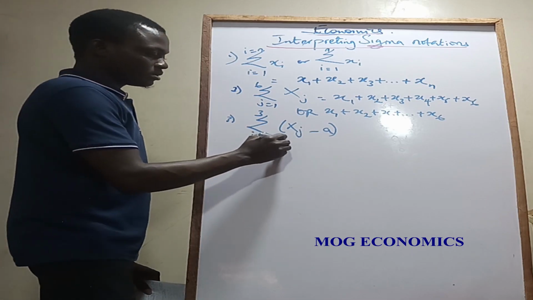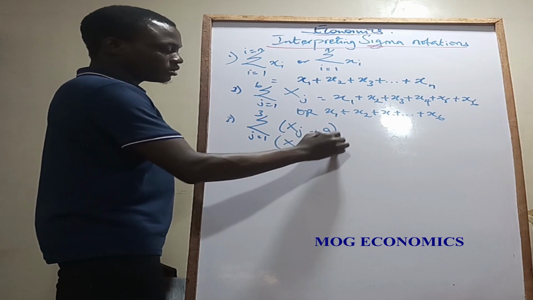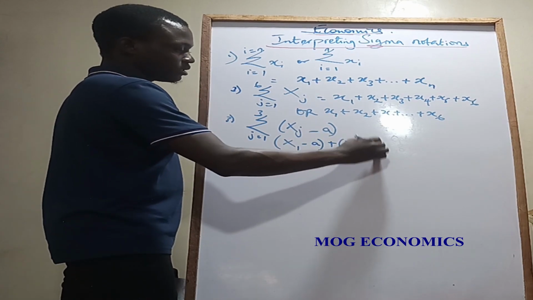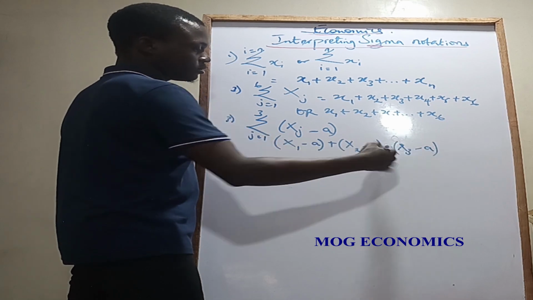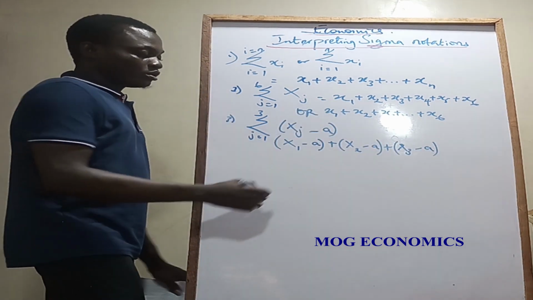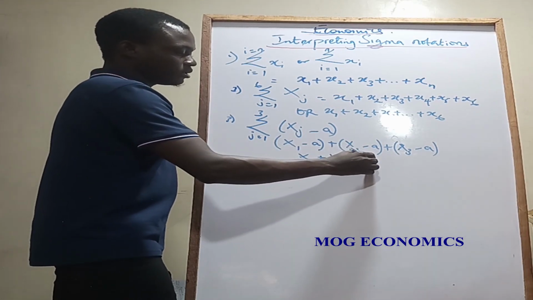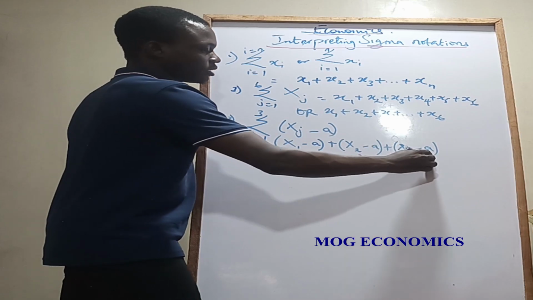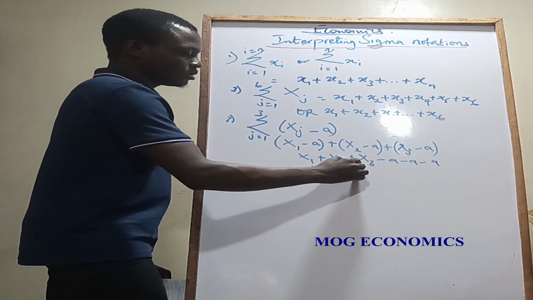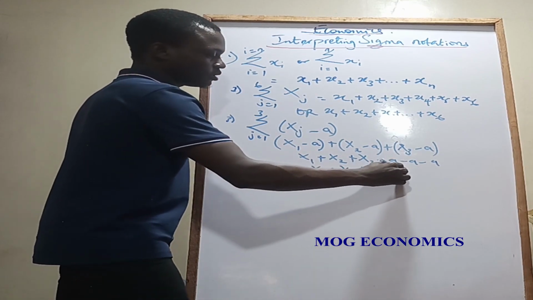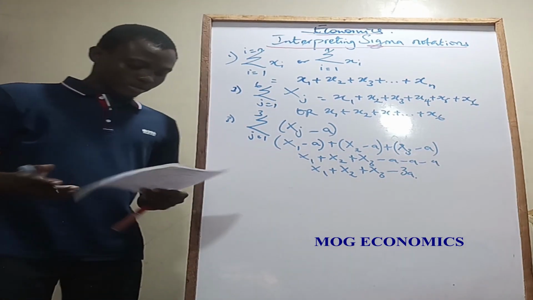So you have x1 minus a plus x2 minus a plus x3 minus a. You're done. When you open the brackets, we have x1 plus x2 plus x3 minus a minus a minus a, which is x1 plus x2 plus x3 minus 3a. You're done.